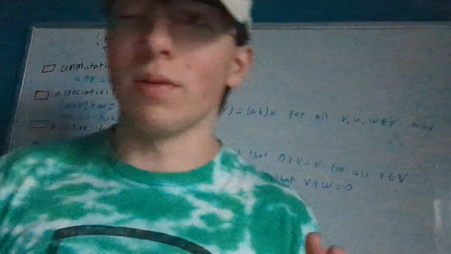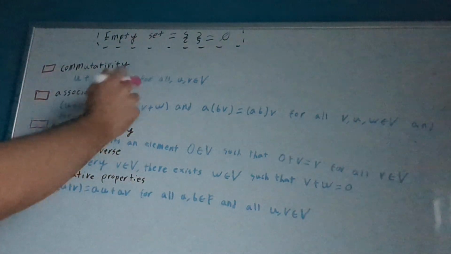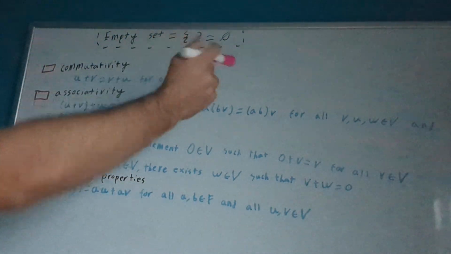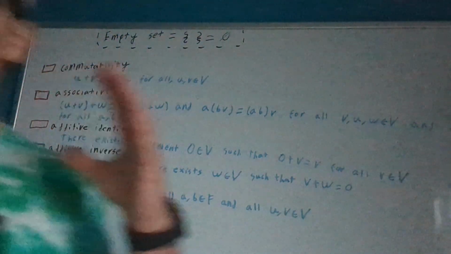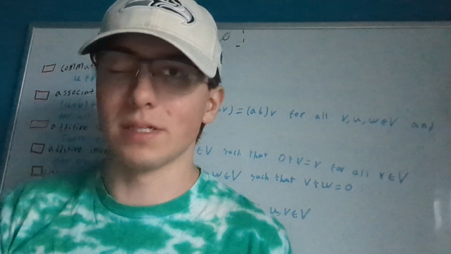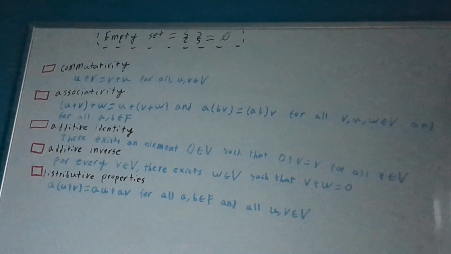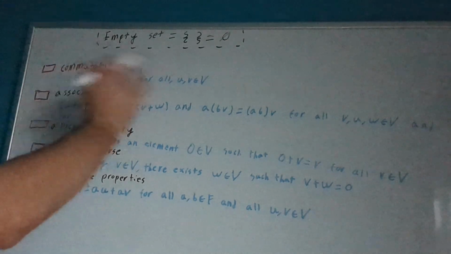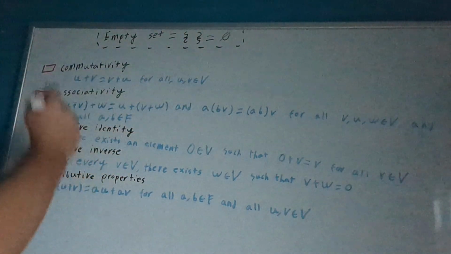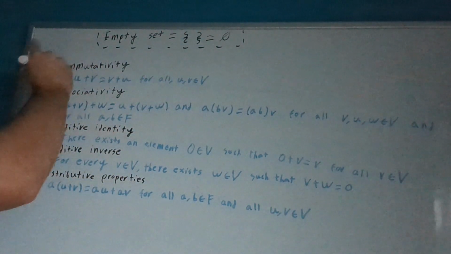But that's not true, because it says this has to apply for all U and V inside the empty set. But since there are no U and V inside the empty set, it doesn't have to do this, right? It does this 0 times, and there's 0 elements inside of it, so we can check this one off.